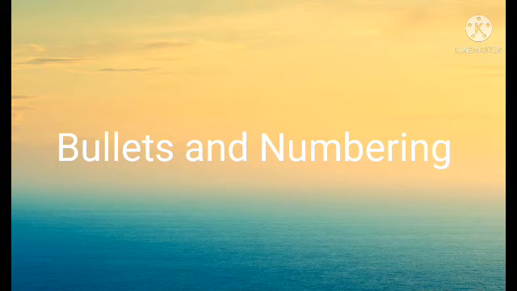A bullet is a dot or a symbol that is usually used when the order of items in the list does not matter. A list with bullets is an unordered list.